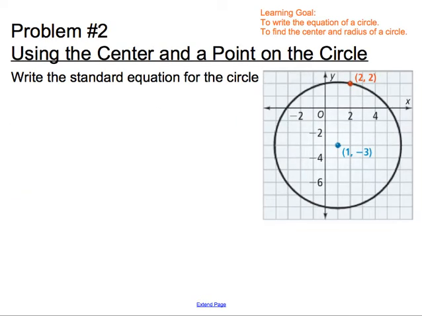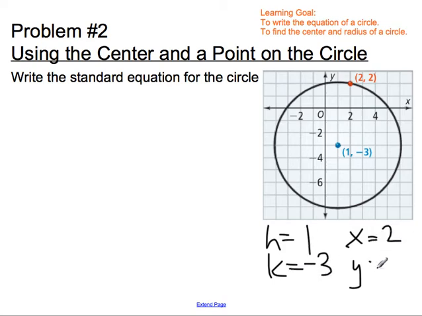Our second question asks us to use the center and a point on the circle. Now this question is a little bit more difficult because we have to actually calculate the radius. We know that the center is at h, k, and we know that the point is x, y. So in this case, h is 1, k is negative 3, and we have both x and y at 2.